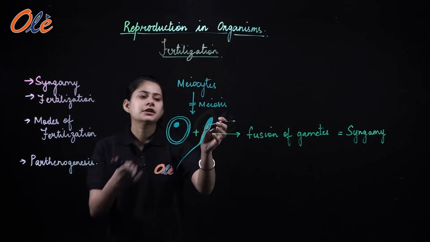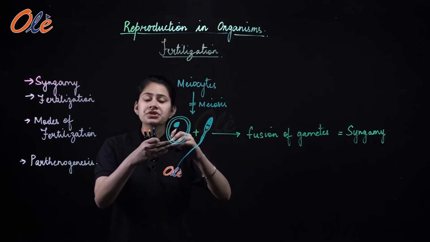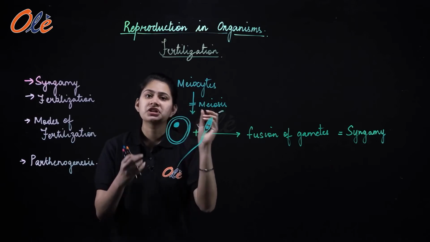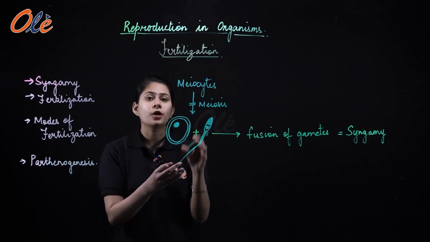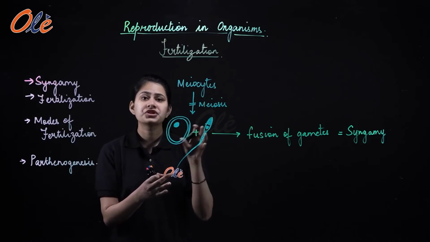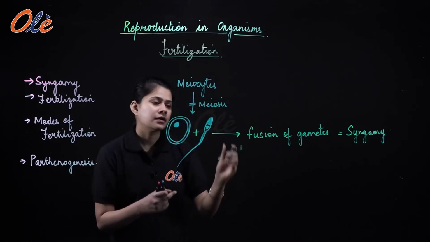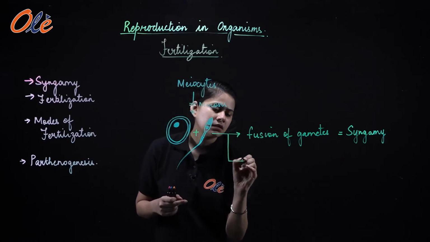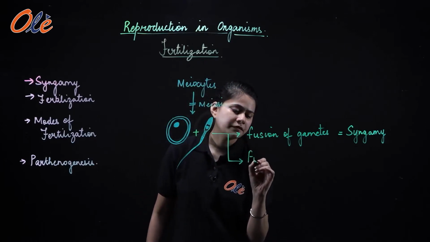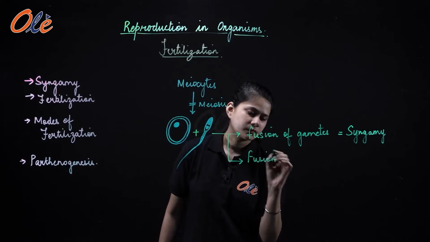And then further, when these two gametes have fused, the basic structure which needs to fuse in order to form the diploid zygote, right, which is the product of fertilization, is the fusion of the nuclei. So there will also be fusion of nuclei of the two gametes.